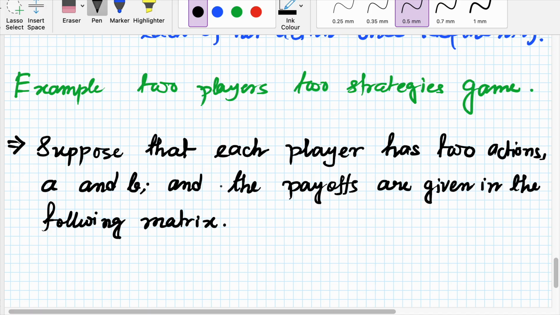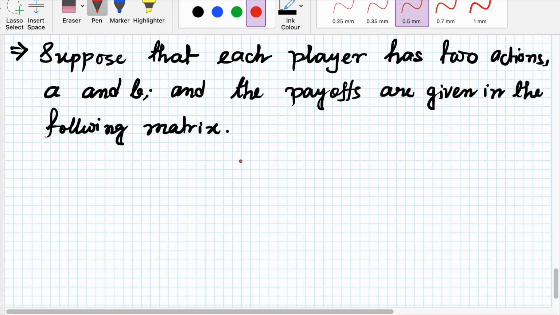So let me give you the matrix. This is a very interesting example because we will find that the mixed Nash equilibrium and the sampling equilibrium are not equal here.